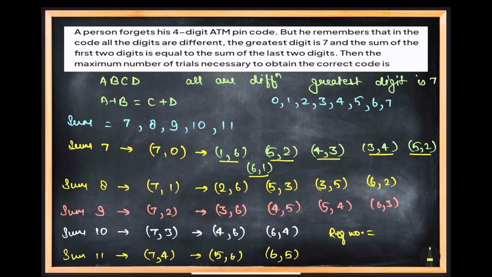And also you can flip. Here we are focusing on this side having 7 and 0, and this side having 1 and 6, so 7 is staying here. Here the non-7 digits are staying, so I can switch the places.